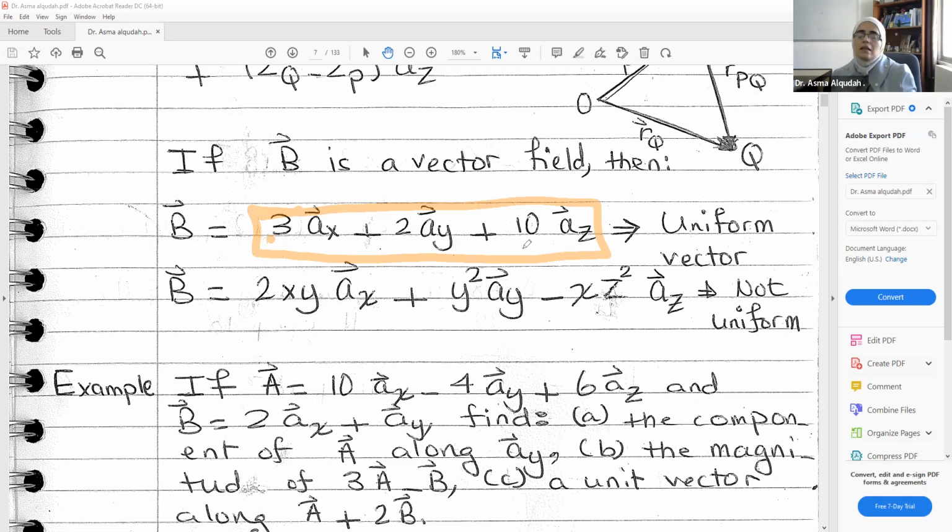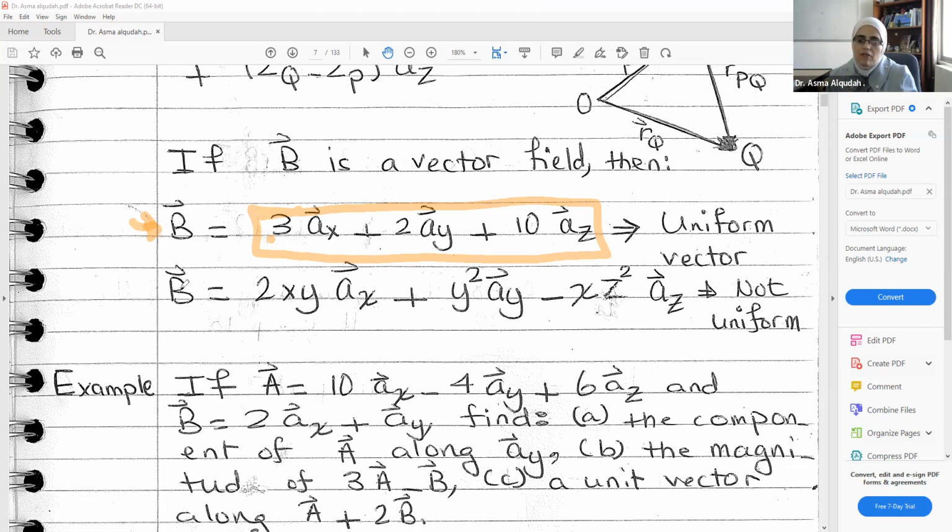Then I say the distribution of the temperature in this room is uniform. It's a scalar field, but it's uniform. The same applies here: if you have the same magnitude of the vector in every single point in the region, then this field is uniform.